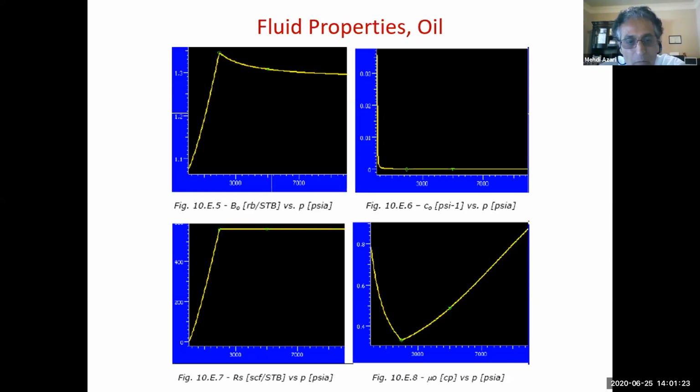Above that it is constant. Below that, as you come below bubble point, more gas comes out of solution, so you have less gas in solution. And then this is viscosity. Viscosity goes down, down, down until you get to the bubble point. This is the maximum amount of gas that you can dissolve. From this point on it is only liquid. You're compressing, so that's why it's going up.